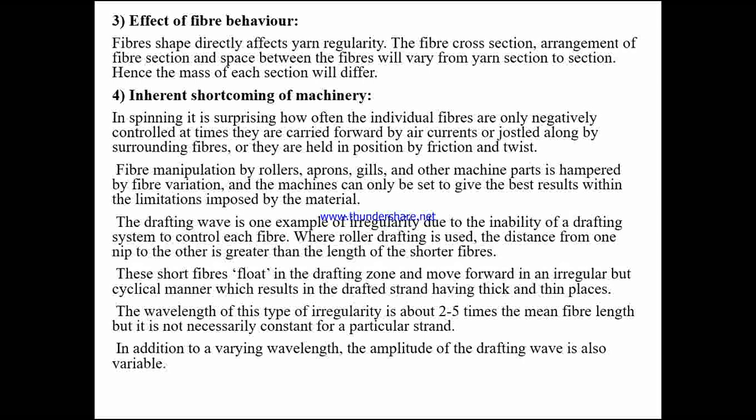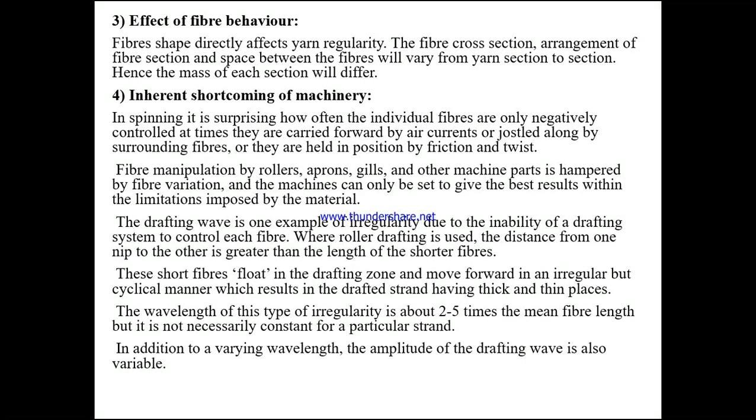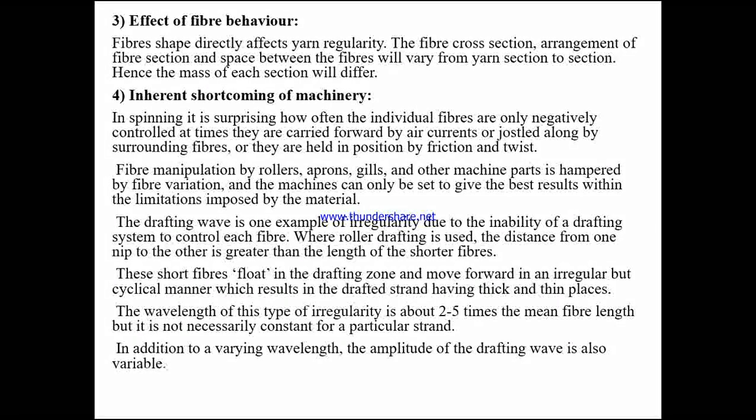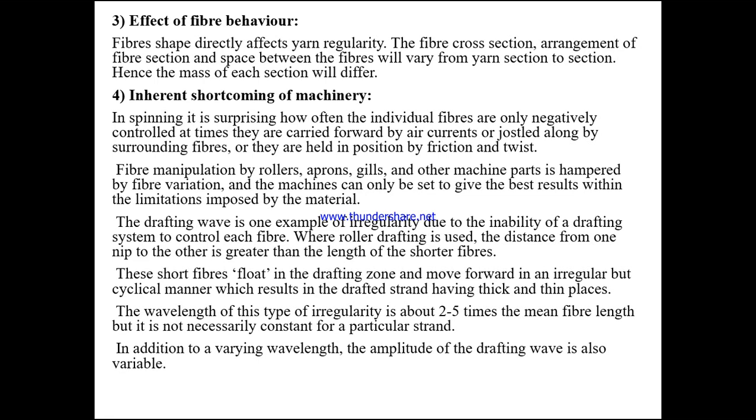The wavelength of this type of irregularity is about 2 to 5 times the mean fiber length, but it is not necessarily constant for a particular strand. In addition to varying wavelength, the amplitude of the drafting wave is also variable.